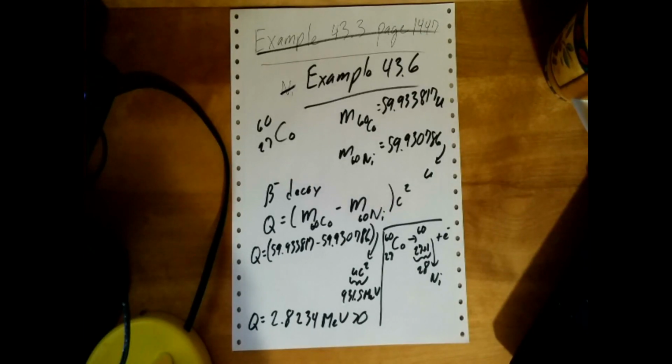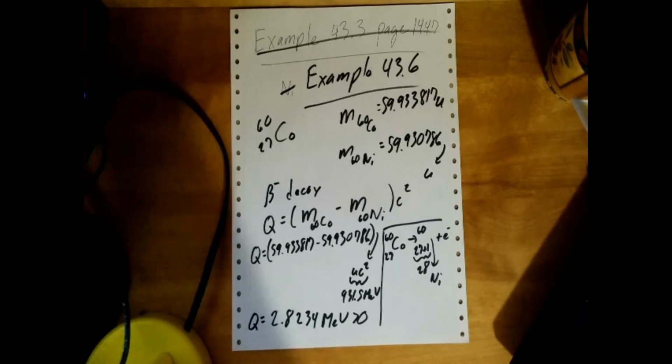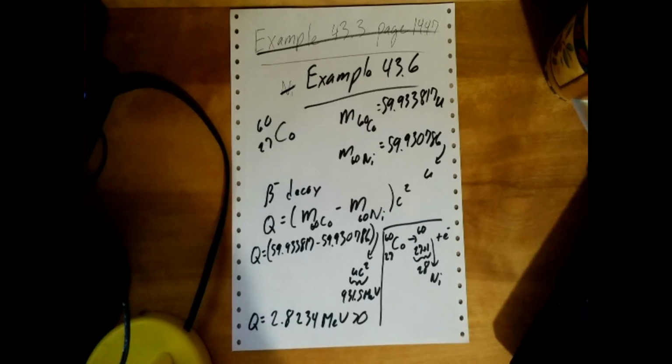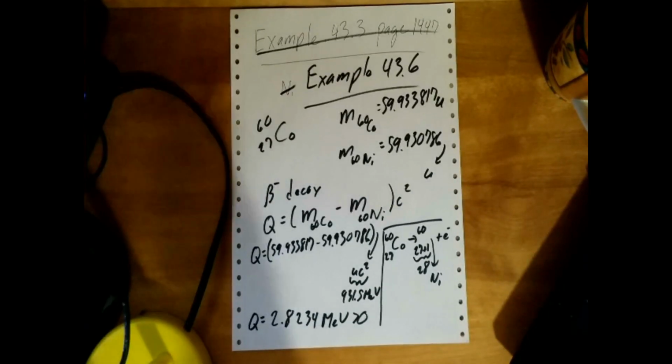Here we use the opposite convention. We assume that it is on the right side of the equation. So if it is negative, that means that instead it was on the left side, so we needed to give it to the system. Negative is endothermic, positive is exothermic. Thank you for asking.